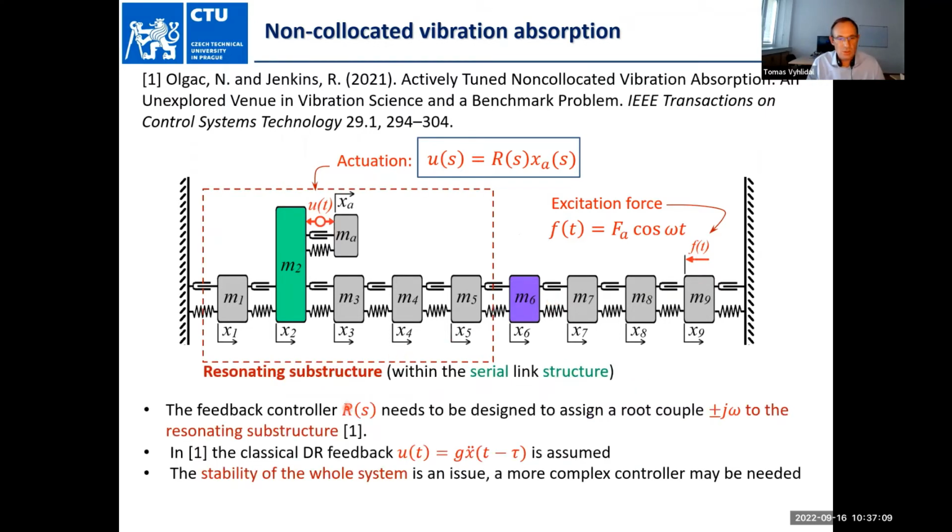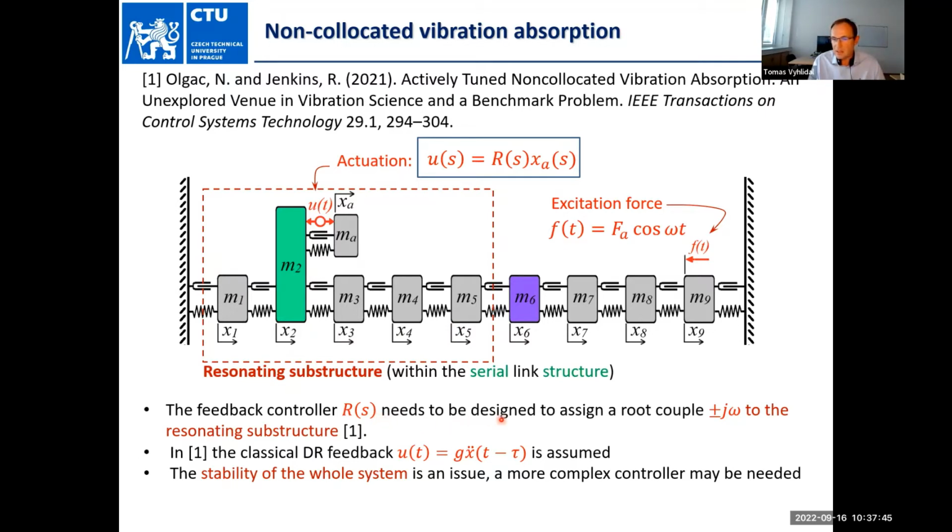As shown in the work by Nejat, in this serial configuration, we need to define a sort of resonating structure. So instead of dealing with the resonator itself, we also need to include all these resonating parts and involve them in the dynamics, in the synthesis.